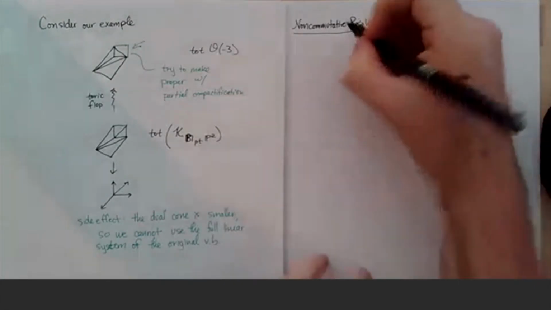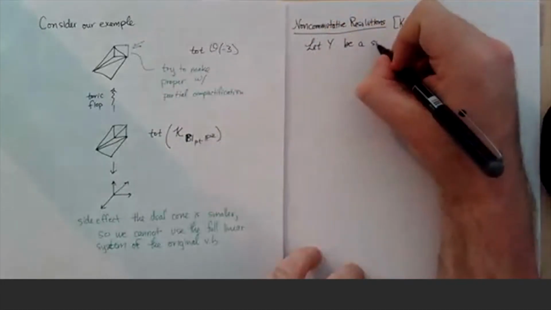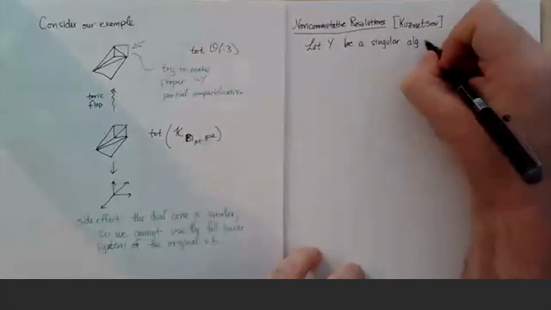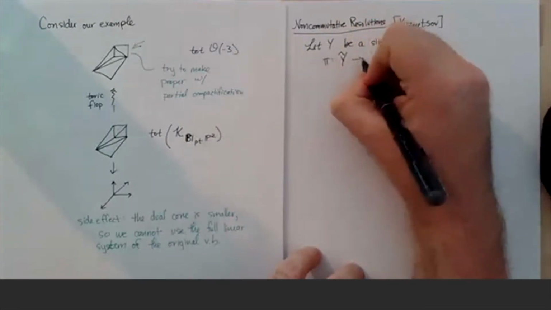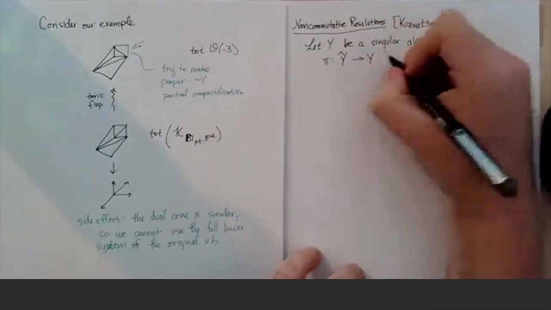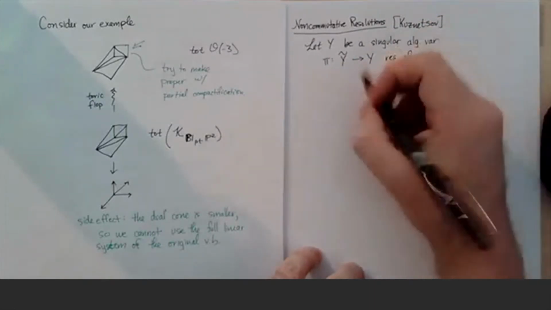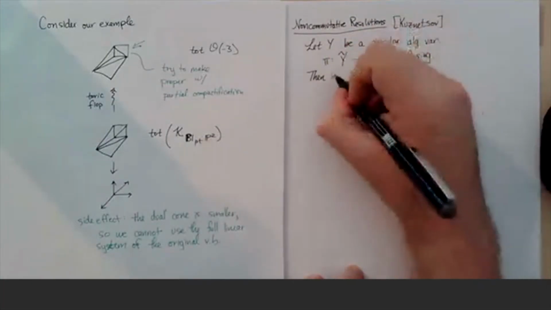Okay, so if I let Y be a singular algebraic variety, then I can take pi being just the resolution of singularities with Y twiddle. Okay, so then we get two functors.